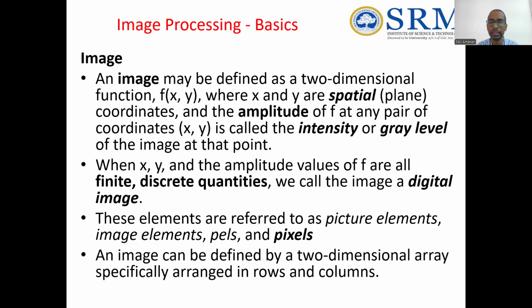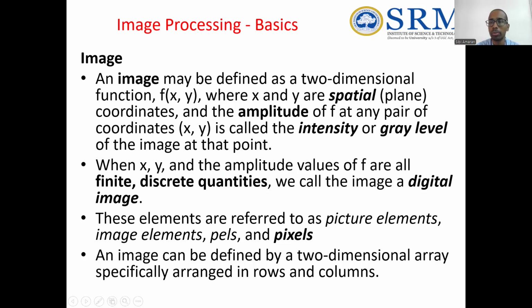So what are the things in an image? If you take an image, image elements will be there. For example, if there is an apple in the image, the apple is an image element. And then we'll be using pixels. If I have a two-dimensional or three-dimensional image, it will contain rows and columns. So an image can be defined by a two-dimensional array, specifically arranged in rows as well as columns.